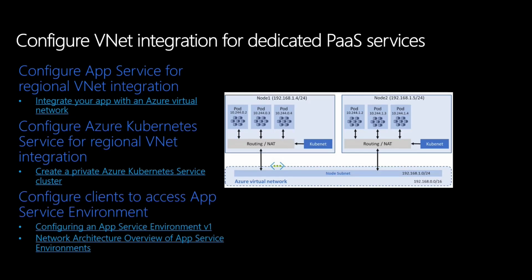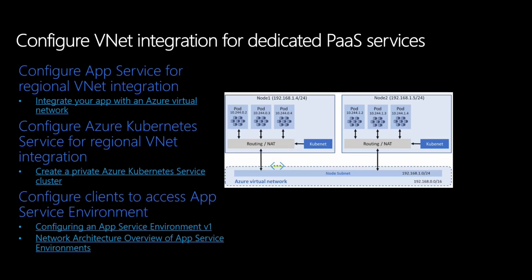With Azure VNets, you can place many of your Azure resources in a non-internet routable network. So we use the concept of VNet integration in order to enable your applications to access resources in or through a VNet.